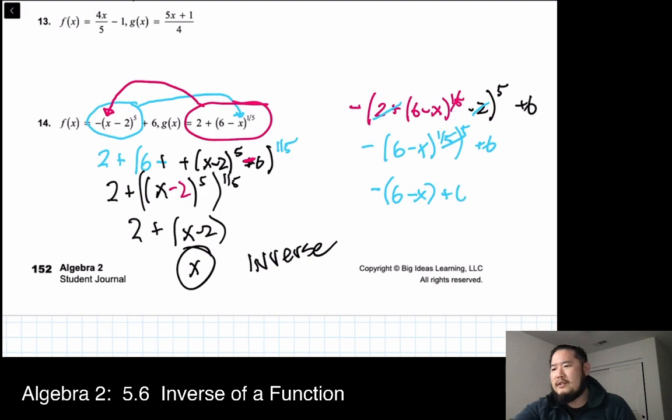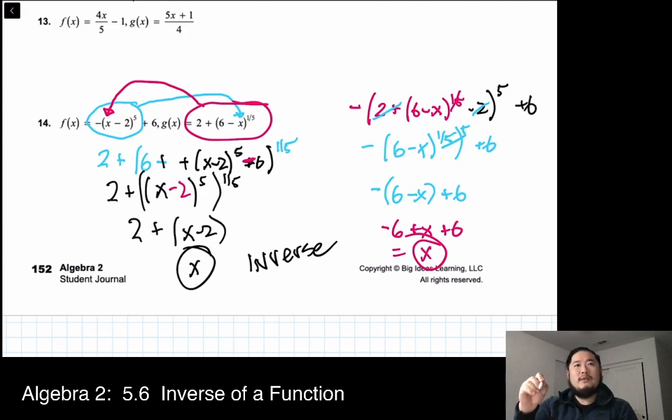I'll distribute the negative right there. And so I have negative 6 plus x plus 6. And guess what? It ends up equaling x. Inverse. So those two equations are inverses. You can see how I plug one equation into the other and then simplified it down to see if it equals x. And that right there is the end of chapter 5 for us.